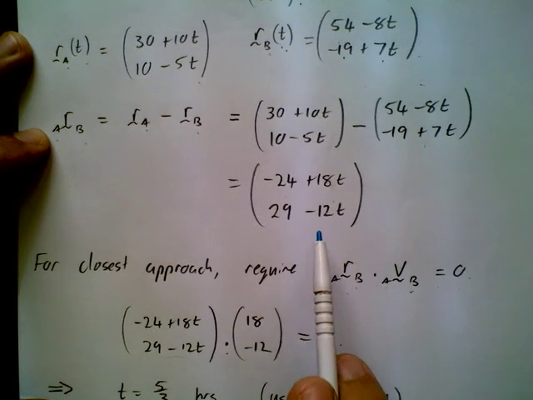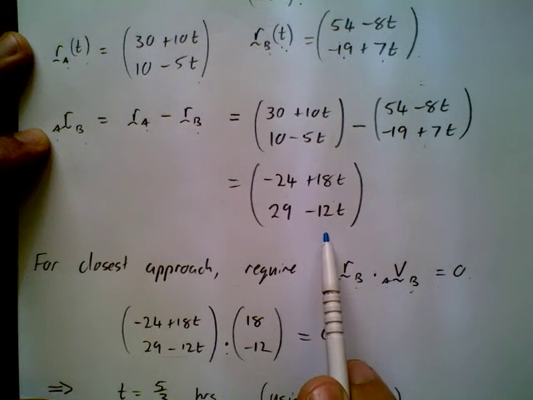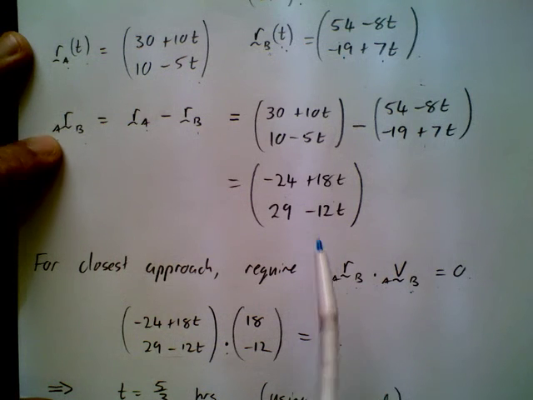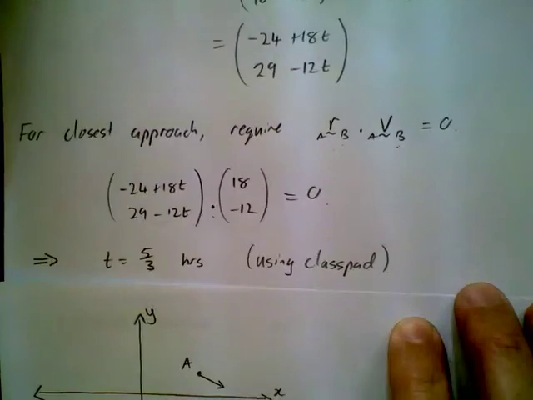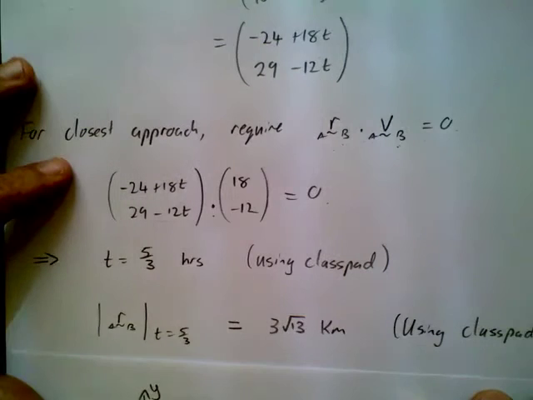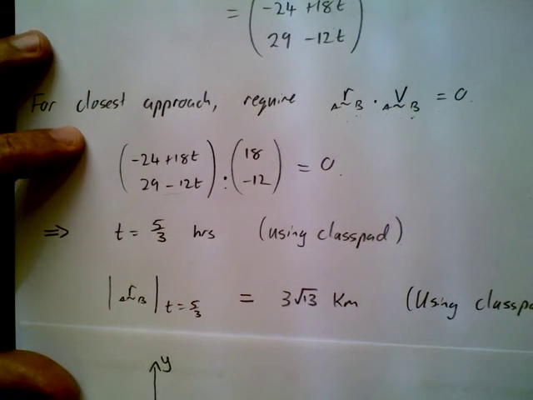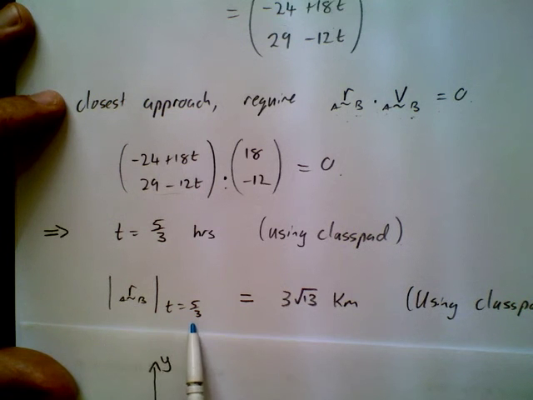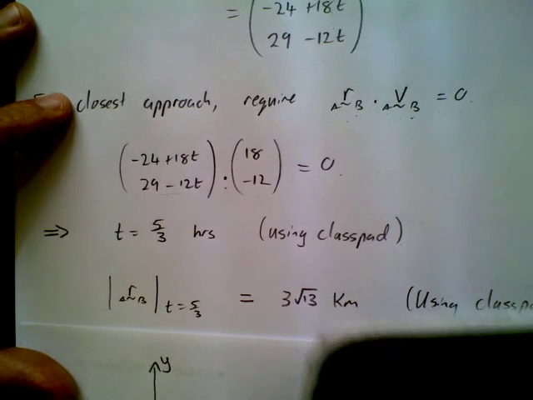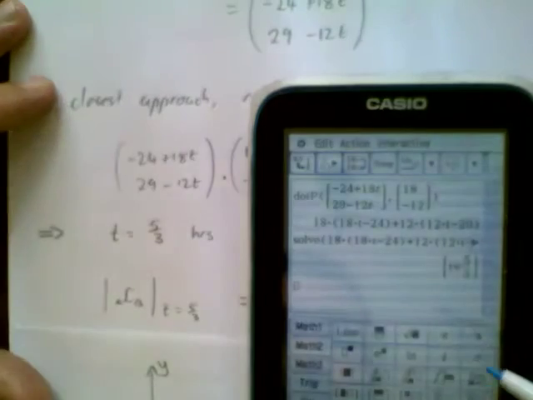We want the value of this expression when t is equal to 5 over 3 because that's the time when closest approach occurs, and we want the magnitude of that particular vector because we're after the distance of closest approach. So at this point here we can just find that magnitude of A relative to B when t is equal to 5/3, and again using the ClassPad this can be easily done.